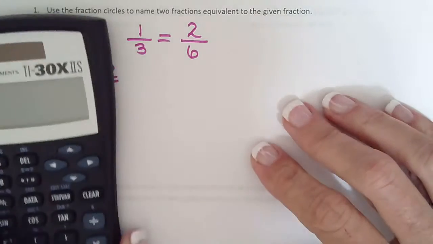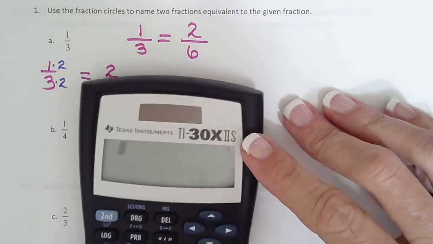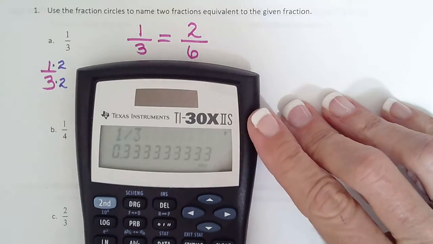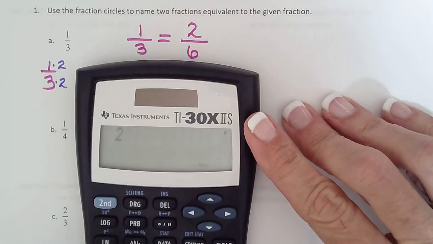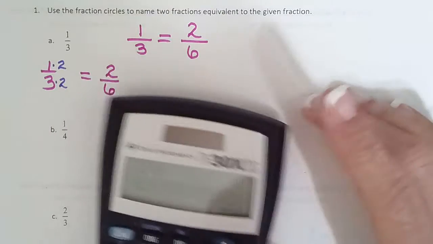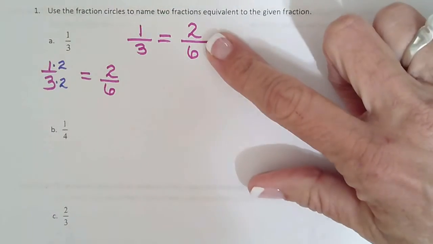In the next module, you get to use calculators. So if I took 1 divided by 3, I get 0.33333333. If I take 2 divided by 6, I get 0.33333. So see how they're still equivalent? They don't look the same, but they are equal fractions.